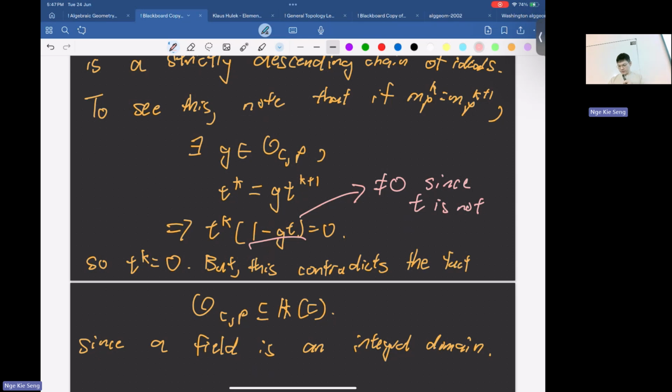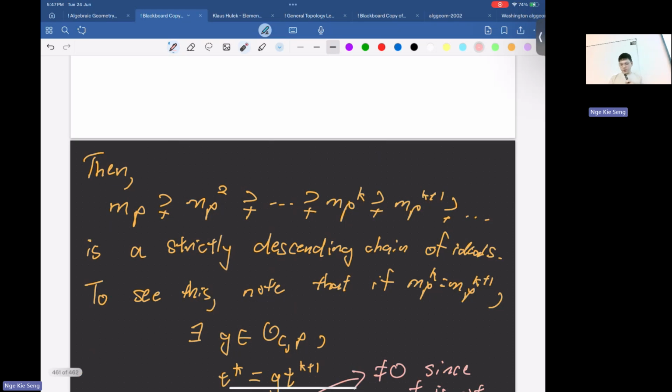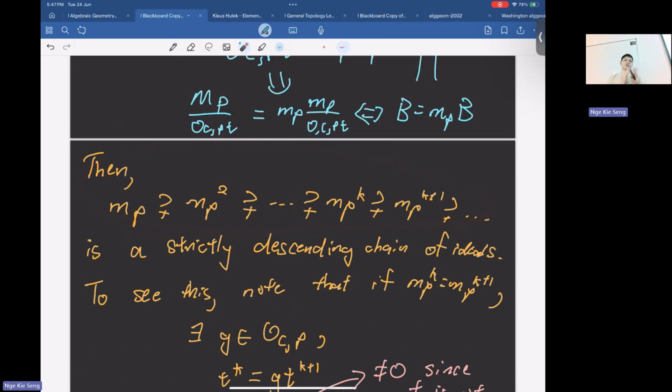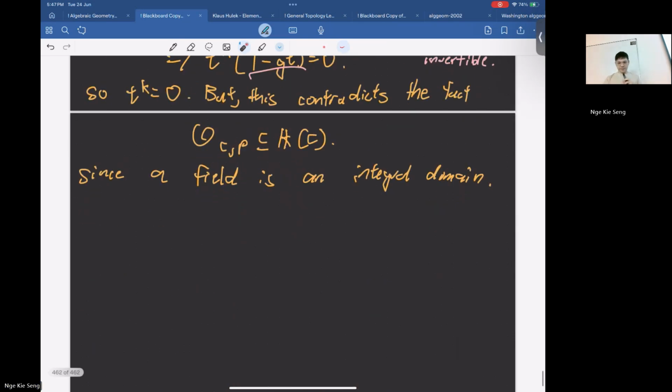Okay, so not equal to 0 since T is not invertible. Okay, so it cannot happen. Okay, so you must remember the whole theory built up from here. Okay, this chain is strictly decreasing. You can take power of the maximal ideal and then you won't find back your original ideal. Okay?